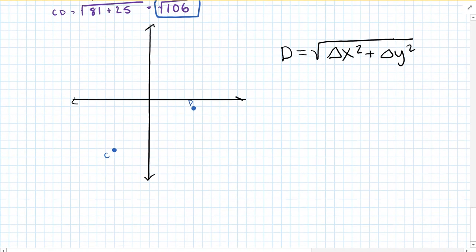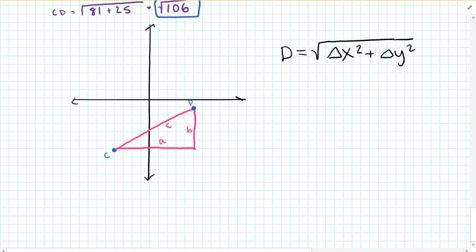So what I'm going to do is draw a triangle. My goal is to find CD, so that's going to be my hypotenuse. So I'm going to count the steps from my C to my D in terms of my x, and then from my C to my D in terms of my y. So this is going to be my a, and my b, and my c.